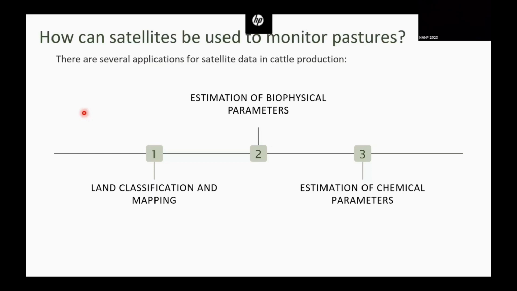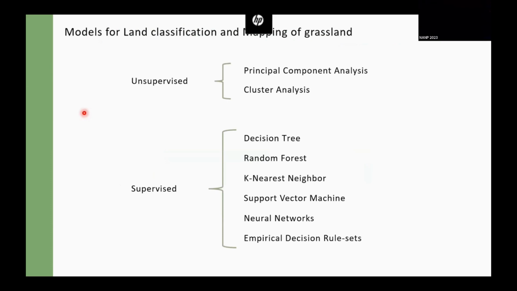Herein, I will talk about 3 of those applications. That is land classification and mapping, the estimation of biophysical parameters, mainly the estimation of forage biomass, or the estimation of chemical parameters, like nitrogen or fiber content of forage.